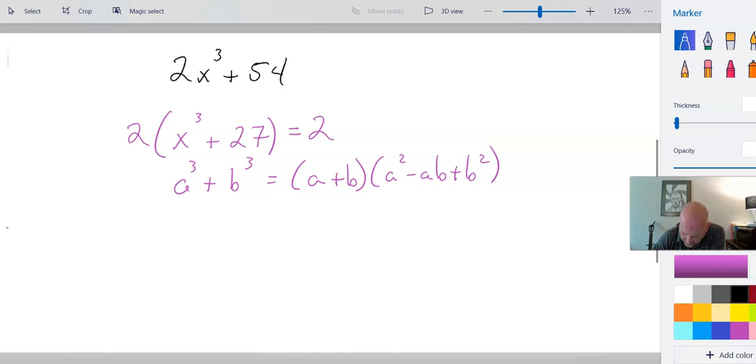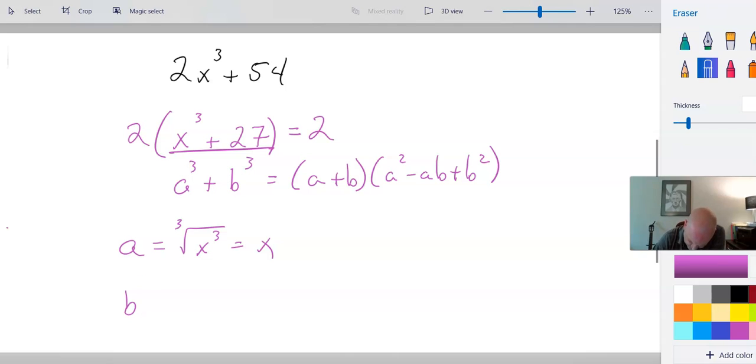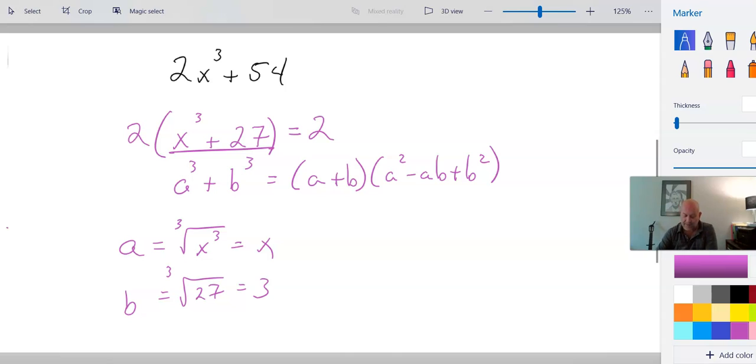If we're going to factor this, we know that it starts with the 2, but I just need to break up this x cubed plus 27. So let's figure out what a and b are. a is the cube root of x cubed, which is x. And b is the cube root of the second term, 27, which is 3. So a plus b is x plus 3.